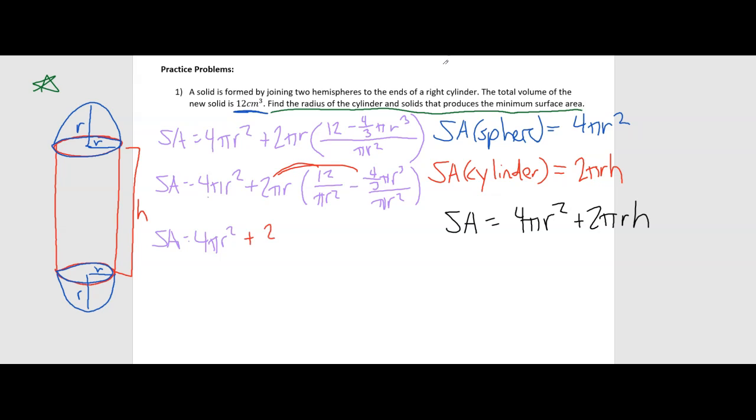So I get plus 24 pi r all over pi r squared minus 8/3 pi squared r to the fourth all over pi r squared. And now I can do some simplifying.